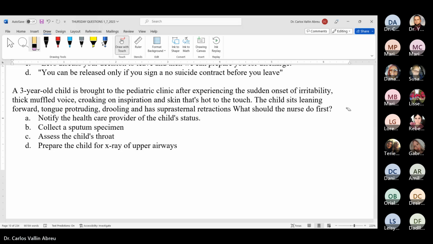A. It is an absolute emergency, and you need to activate the rapid response team so the doctor can arrive as soon as possible. This is the priority. You need to notify immediately as an emergency. It is the A of ABCs, one of the absolute emergencies.